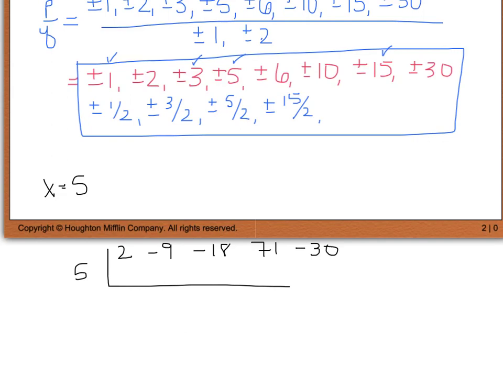Doing synthetic division, this is going to give me 2, 10, 1, 5, -13, -65, 6, 30, and a remainder of 0.